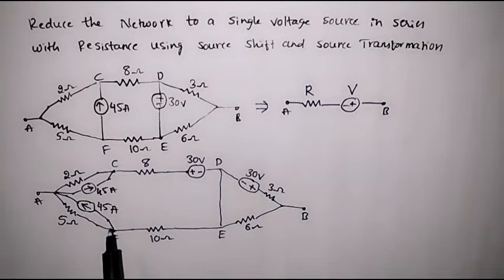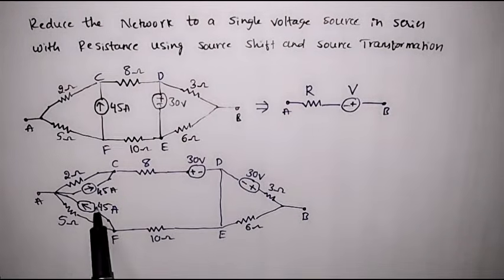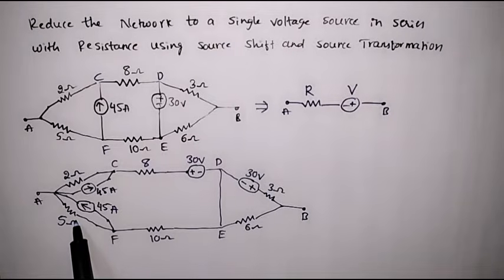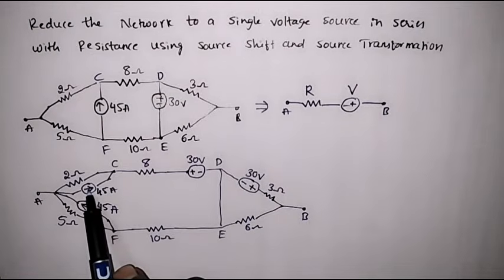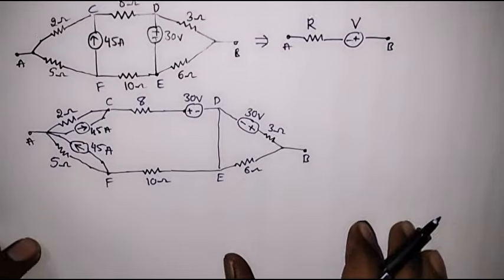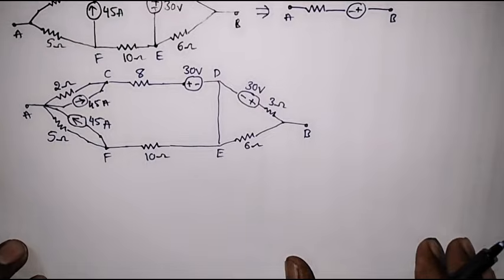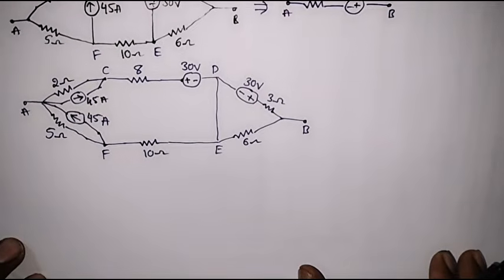Now look at the circuit. Here a 45 amp current source is in parallel to a 5 ohm resistor. We can apply source transformation here, converting the current source into a voltage source. Similarly here we can apply source transformation, converting the current source into a voltage source. I will apply source transformation.